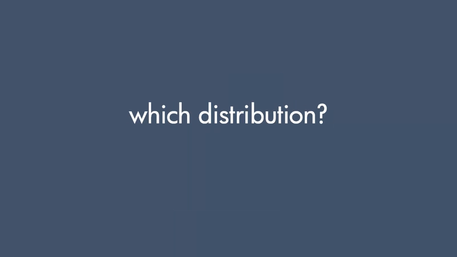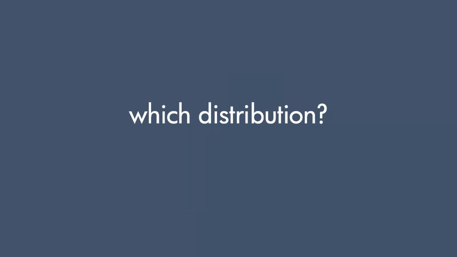So step one, get Linux. Now, first question we need to ask ourselves is which distribution or distro of Linux are we going to use? There's many different distributions out there. They're kind of like families of Linux which have the Linux kernel, associated libraries and a package management system.